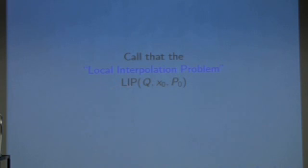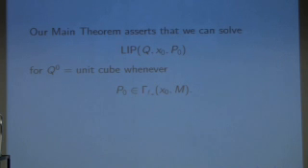That's LIP, not Lipschitz, local interpolation problem of Q, x0, P0. And our main theorem simply says that we can solve a local interpolation problem when our cube Q is Q0, the unit cube, whenever P0 is in this gamma sub L star for a suitably large integer constant L star.